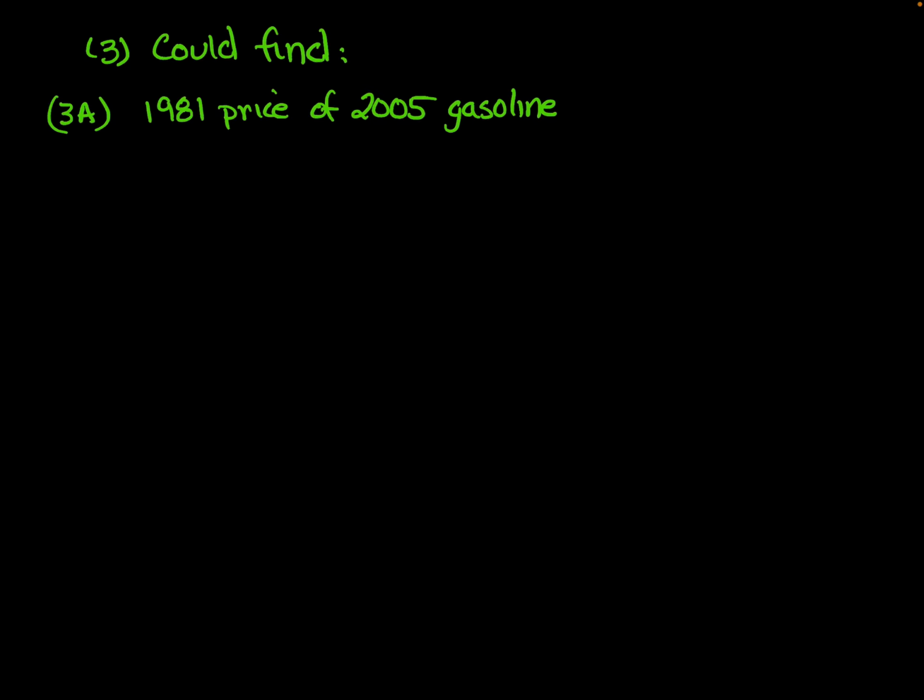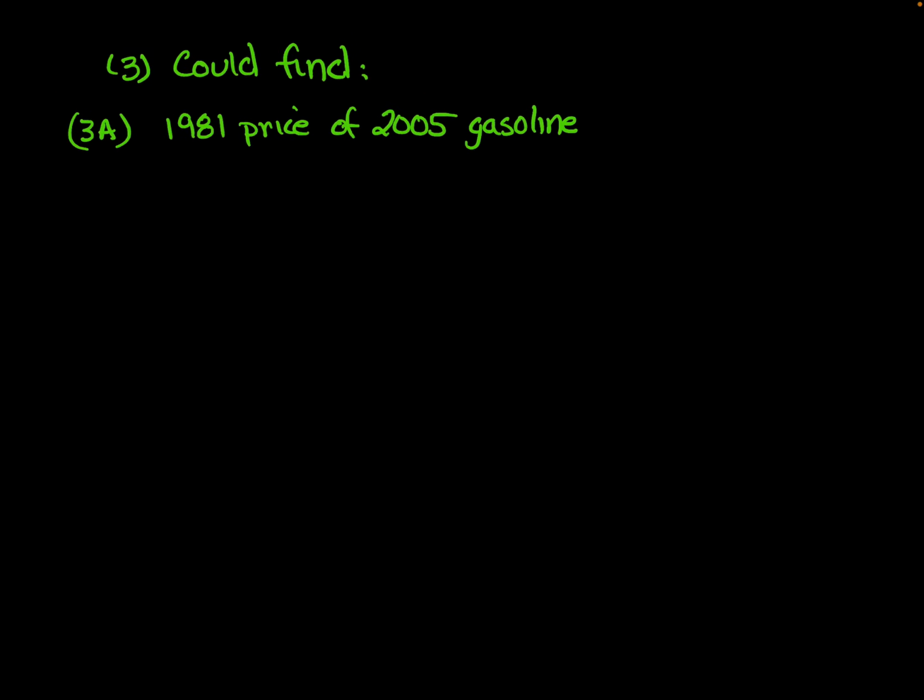What is that? Well, the way in which we would get that is we would take the price of gasoline in nominal terms. So this is the price of gas in nominal terms in 2005. And then we adjust it for the consumer price index relative values.